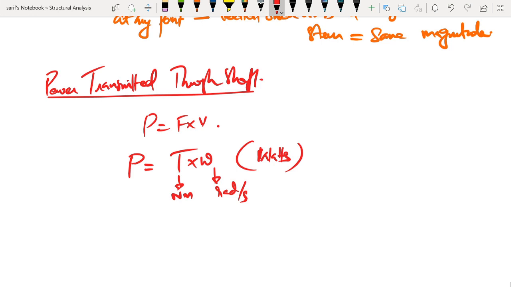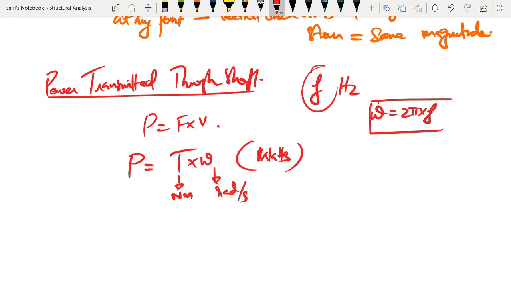Sometimes the velocity will be given as a frequency f, which is in hertz. In that particular case, omega is equal to 2 pi into f. Hertz is also the same as revolutions per second.